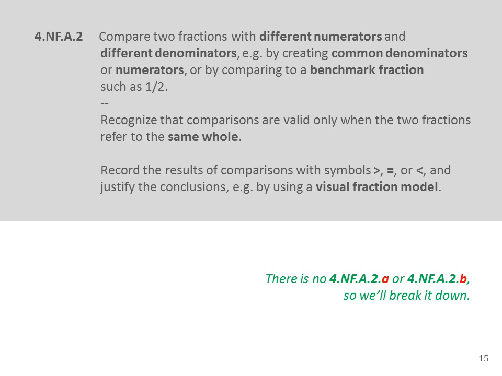Record the results of comparisons with the symbols greater than, equal to, or less than, and justify the conclusions, for example, by using a visual fraction model. Because the standards don't offer a breakdown of 4.NF.A.2, an A2A or an A2B, let's break this standard down into sections.